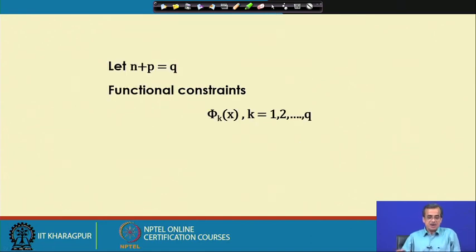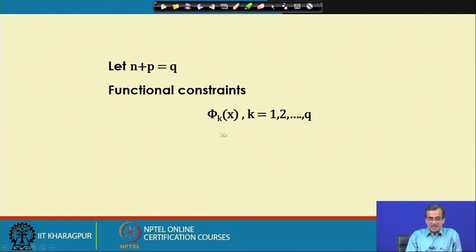Here we have small n number of inequality constraints and small p number of equality constraints. So, the total number of constraints is n plus p, that is equal to q, and the functional constraints are represented as phi_k(x), k varies from 1 up to q.